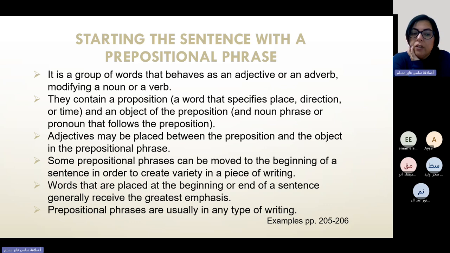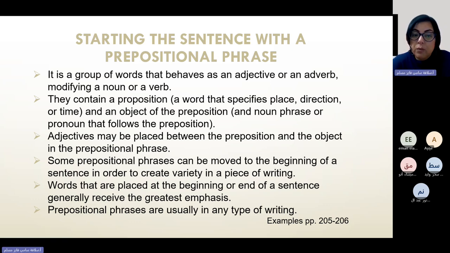Okay? They contain a preposition, of course, a word that specifies a place, a direction, or a time, and an object of the preposition. It's a noun phrase or pronoun that follows the preposition. Okay?